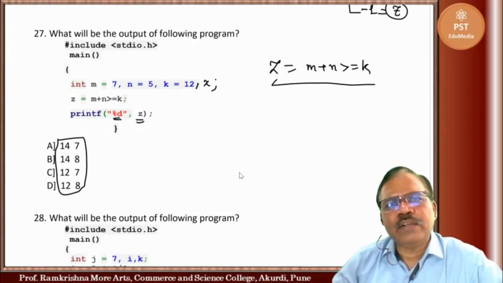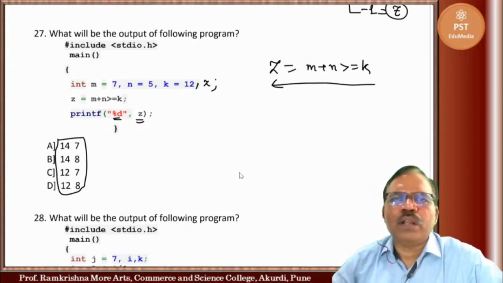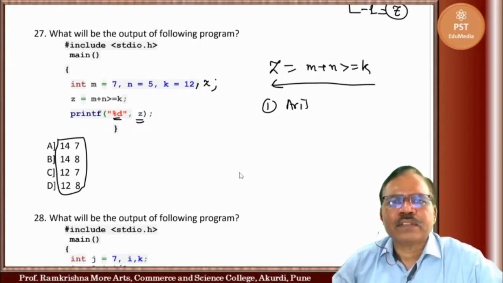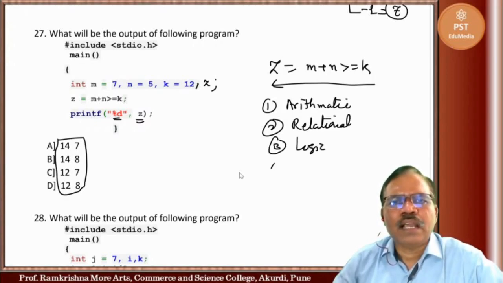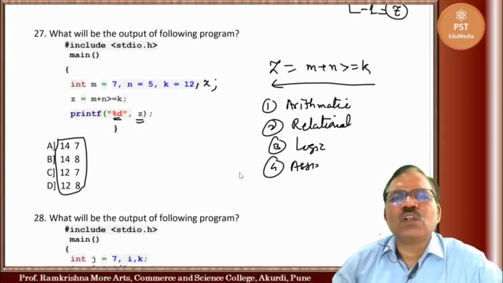Now it is evaluated from right to left. First one arithmetic, second one relational, third logical, and fourth assignment. Now here there is no logical.